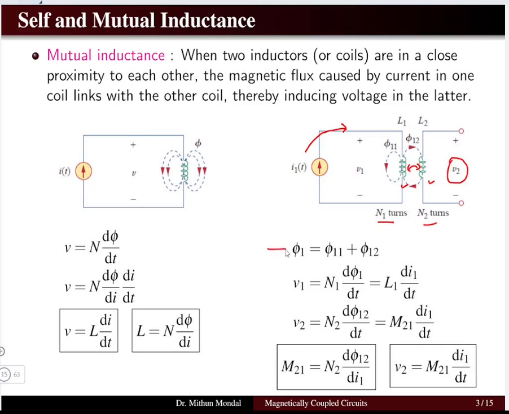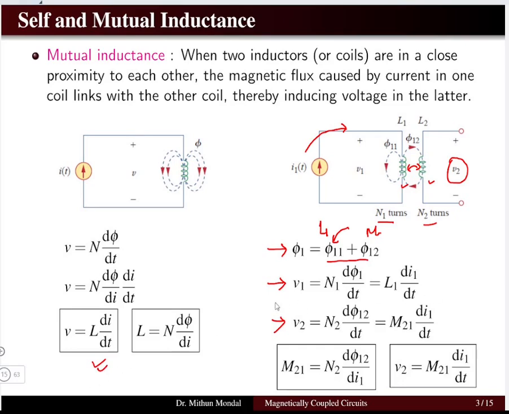So the primary flux phi 1 will be the summation of two fluxes: one flux due to the current flowing in the coil L1, and one flux which is common between the two coils, given by phi 12. Now the voltage induced in each coil, V1 and V2, will be similar to what we discussed for the self-inductance of a single coil.